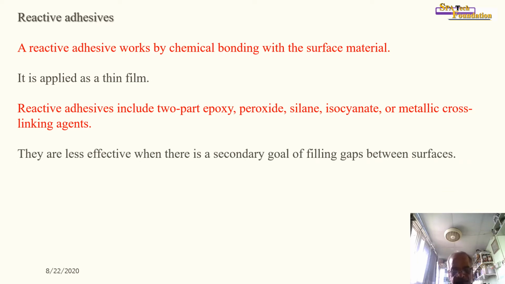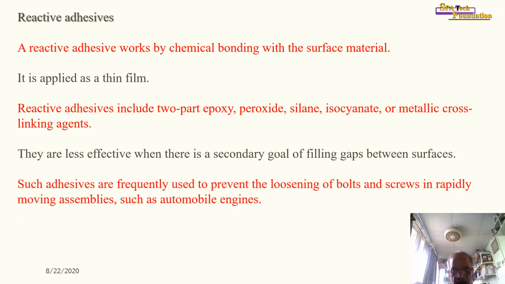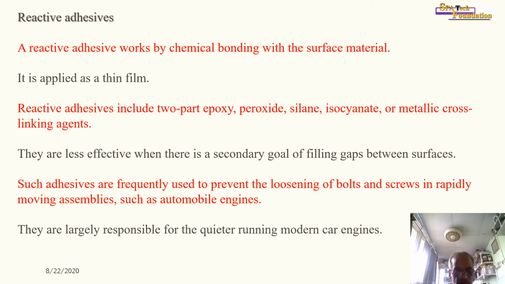They are less effective when there is a secondary goal of filling gaps between surfaces. Such adhesives are frequently used to prevent the loosening of bolts and screws in rapidly moving assemblies such as automobile engines. They are largely responsible for the quickest running modern car engines.